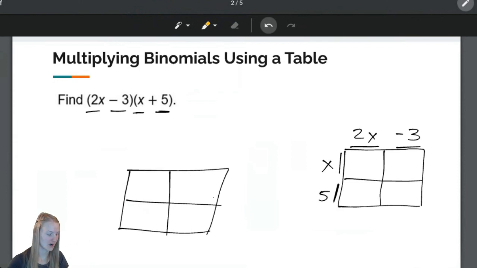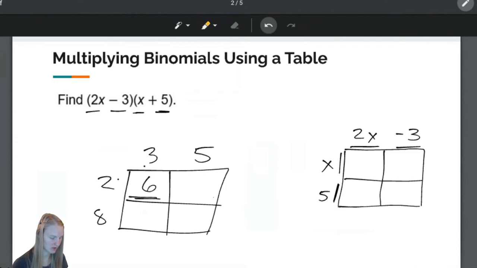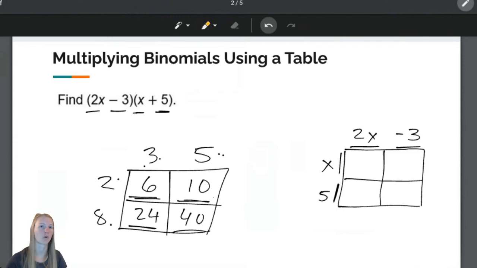Remember that if you have 3 and 5 and then you have 2 and 8, in this box you'll do 2 times 3, which is 6. In this box you'll do 2 times 5, which is 10. In this box you do 8 times 3, which is 24. And in this box you do 8 times 5, which is 40.